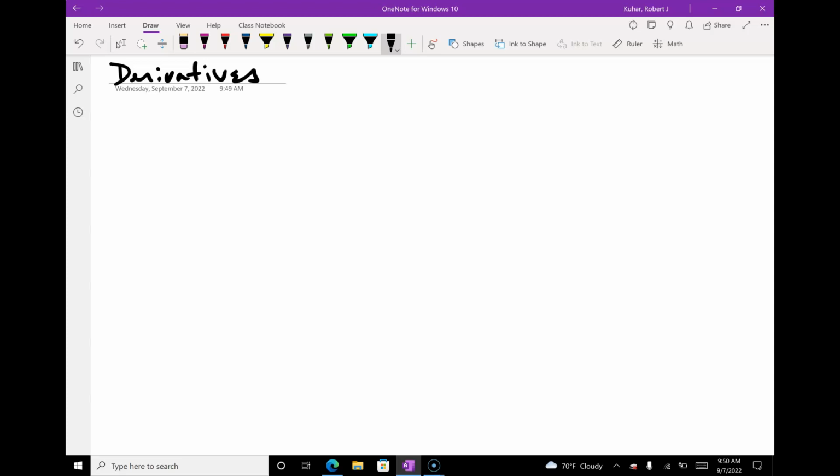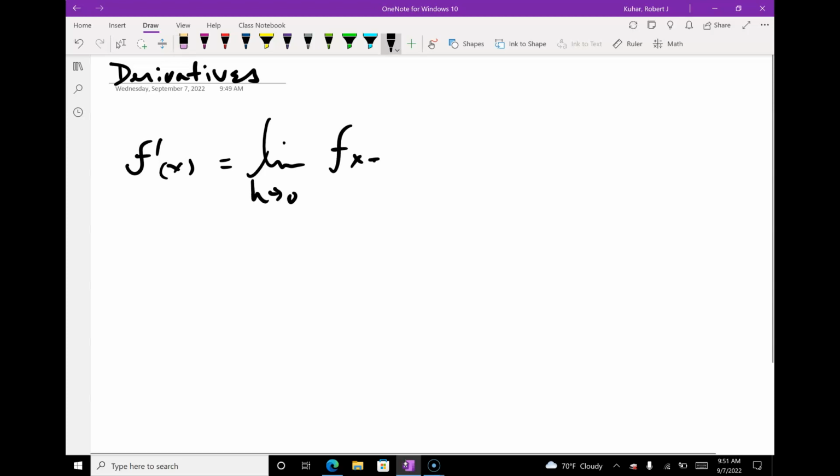So derivatives, what we're talking about is f prime of x equals the limit as h goes to 0 of f of x plus h minus f of x over h is the derivative of f.